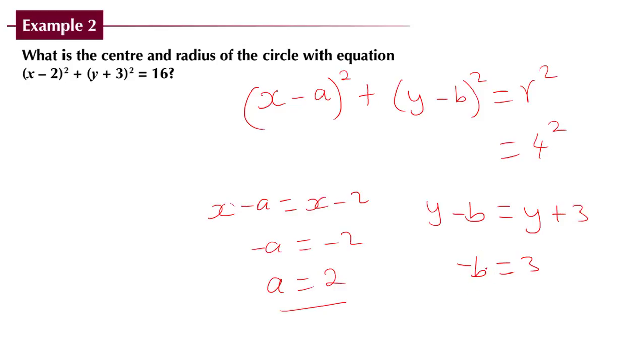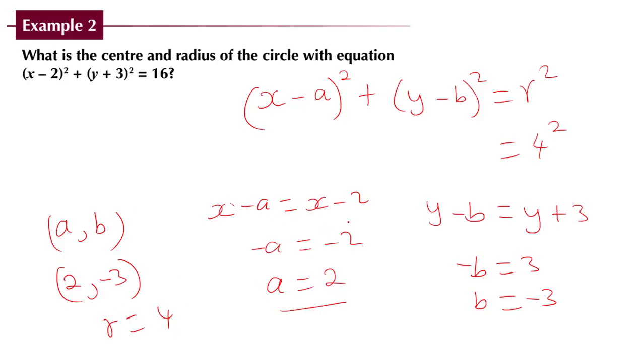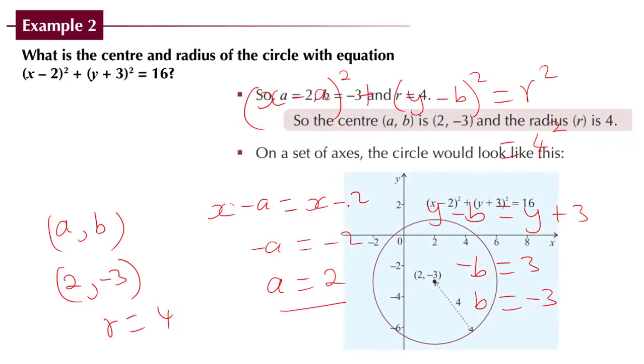If you times -b by -1, you get positive b. 3 times -1, you get -3. So b is -3. So the center of the circle is going to be (a, b). Now our a is 2 and our b is -3. The radius is not 16, but the radius is 4. So that's how to do this equation here.